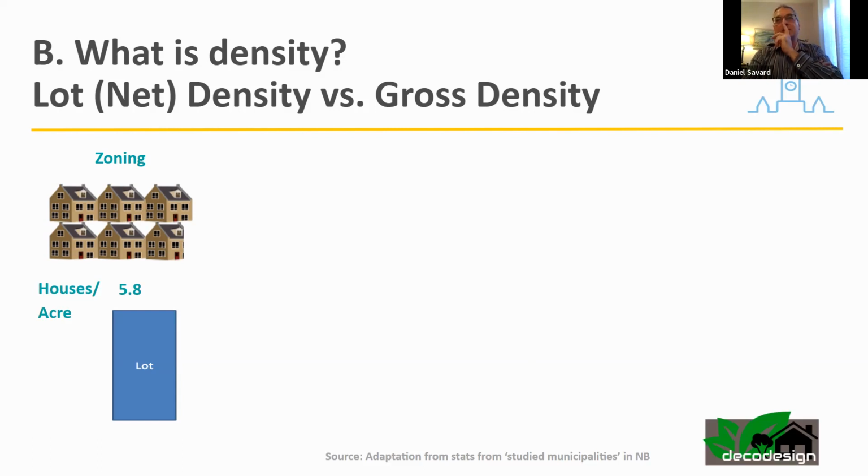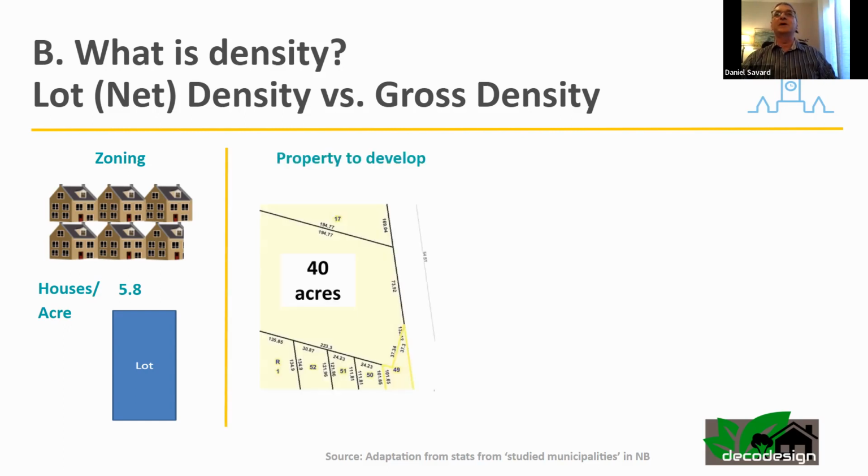And here in New Brunswick, for small communities, and these are true numbers from some small communities in New Brunswick, the zoning bylaw is talking about, for example, 5.8 houses per acre for a lot, okay? So imagine that you have a 40-acre property to develop.